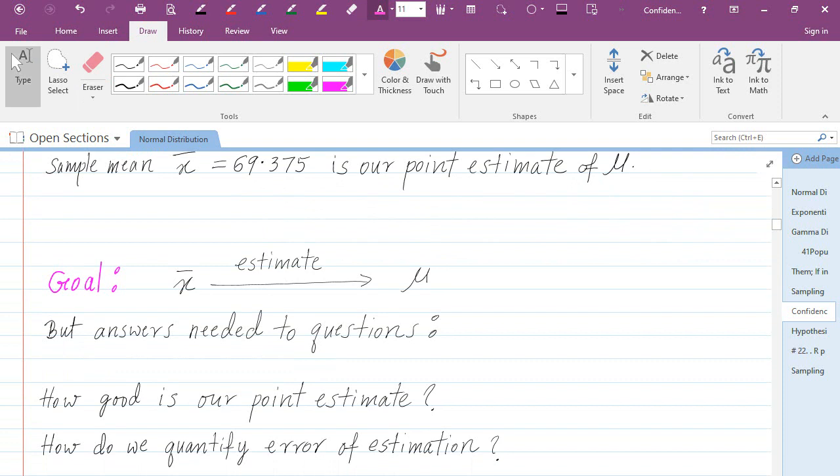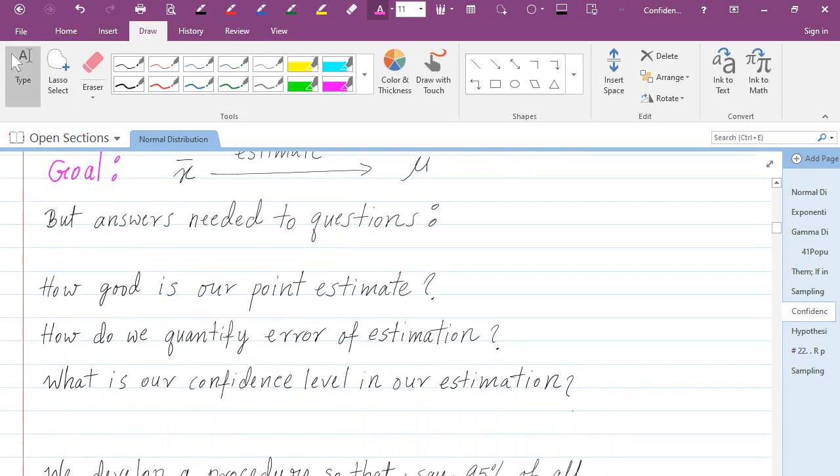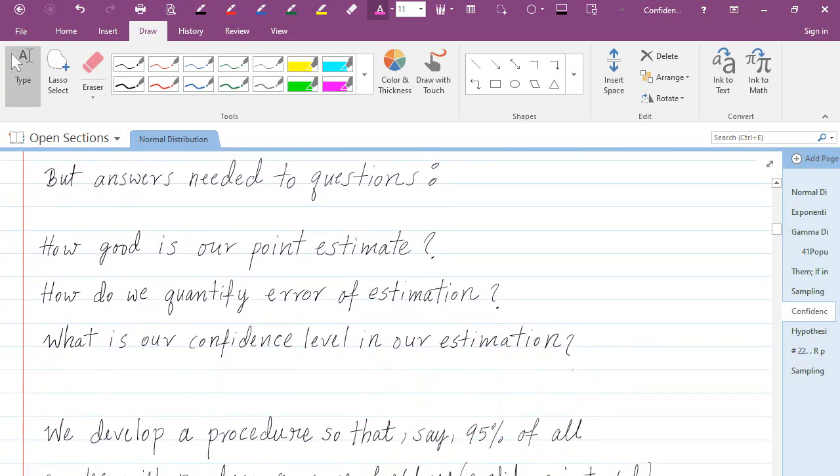So 69.375, or x bar, is to estimate the mean height, and the immediate questions that arise are how good is your point estimate, how would you quantify the error of estimation, and what is your confidence level in your estimation?